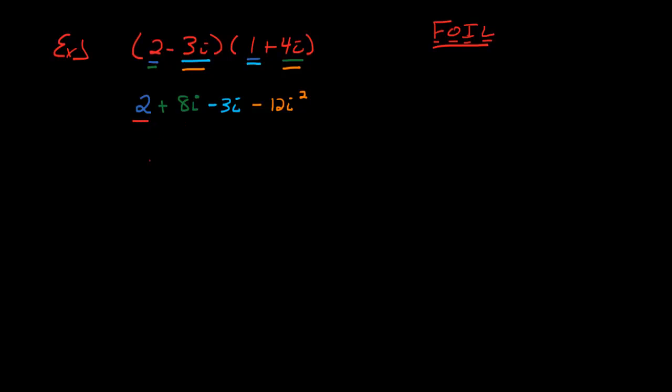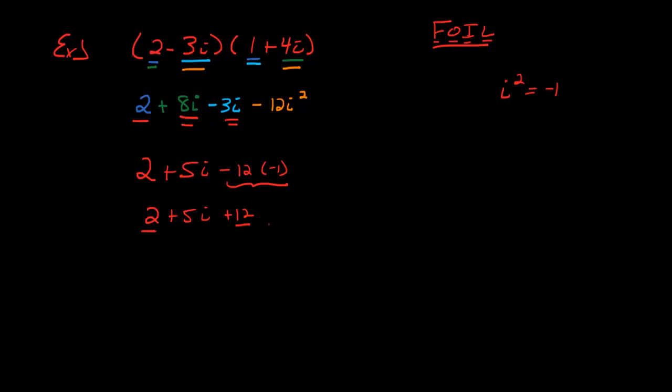So I recognize I have a 2, and right now I have no other constant. 8i minus 3i gives you a value of positive 5i. And now we have to evaluate negative 12i squared. But remember, i squared equals a value of negative 1. So we're going to have negative 12 times negative 1, and this gives me 2 plus 5i plus 12, because negative 12 times negative 1 gives you a value of positive 12.